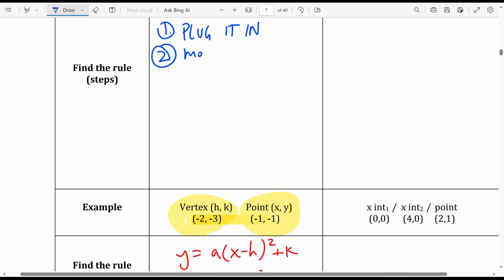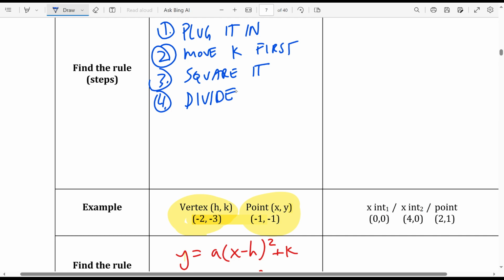Step 2, move that k first. Step 3, square it. Step 4, divide. And that's basically it. Square it and then divide.